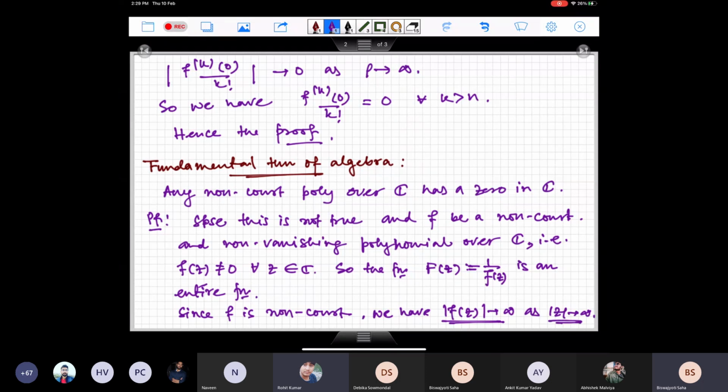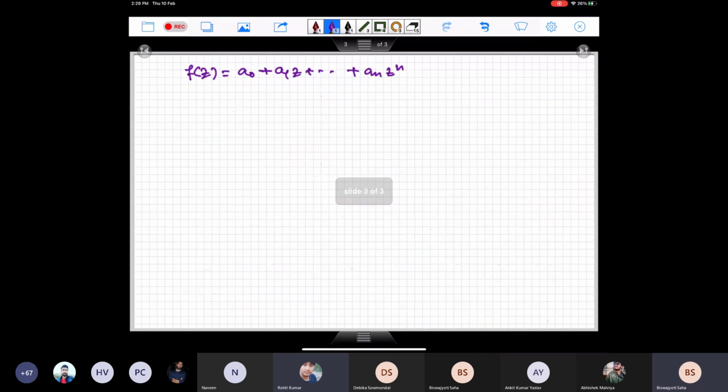So for safety, I can take mod of z bigger than 1. Now if I think of mod of f of z, since I need my function to go to infinity, I actually need a lower bound. Here an is not equal to 0.